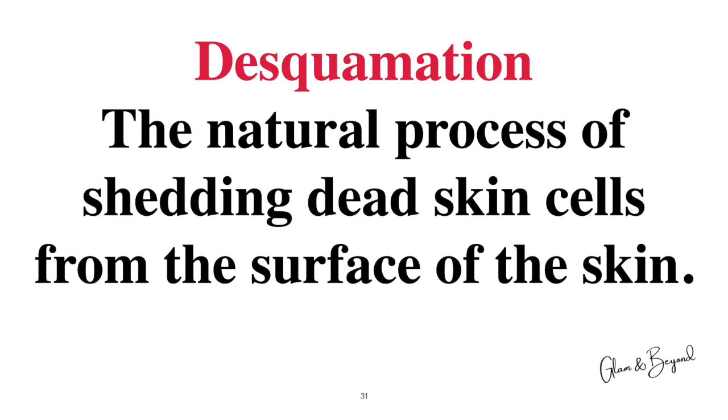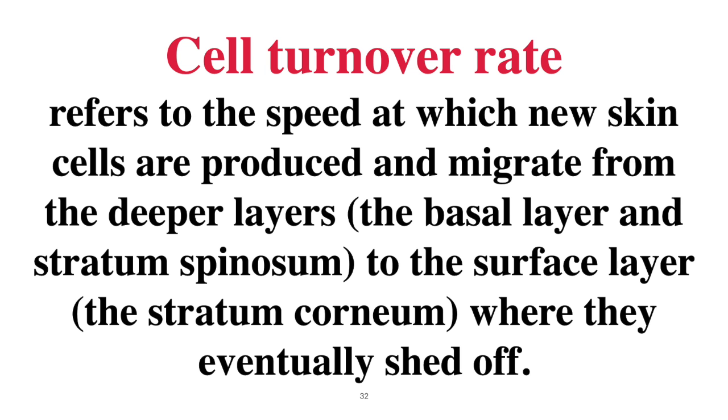Desquamation. The desquamation would be the natural process of shedding dead skin cells from the surface of the skin. It may seem like this next one is referring to desquamation, but it is not. This one is cell turnover rate.